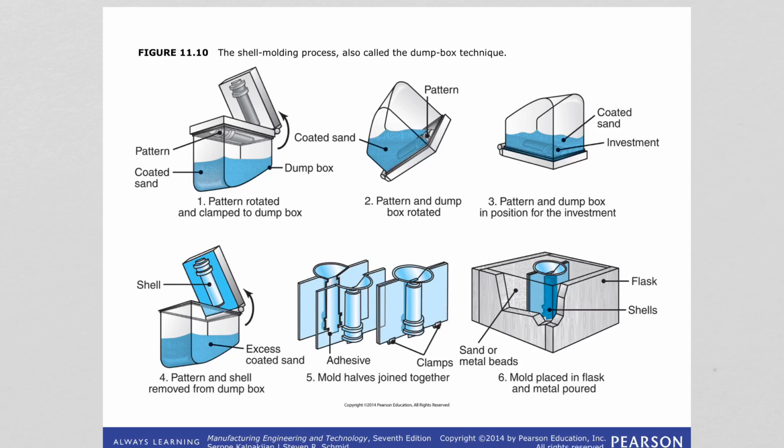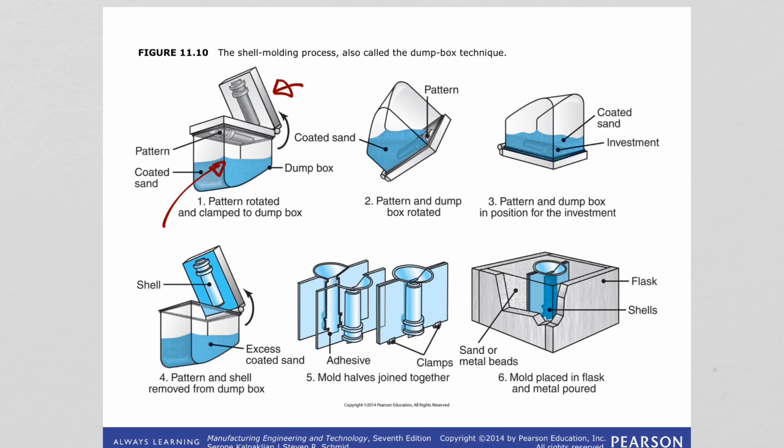A mounted pattern of a ferrous metal or aluminum is heated. The mold is actually a thin-walled shell obtained by applying this sand resin mixture around the pattern.